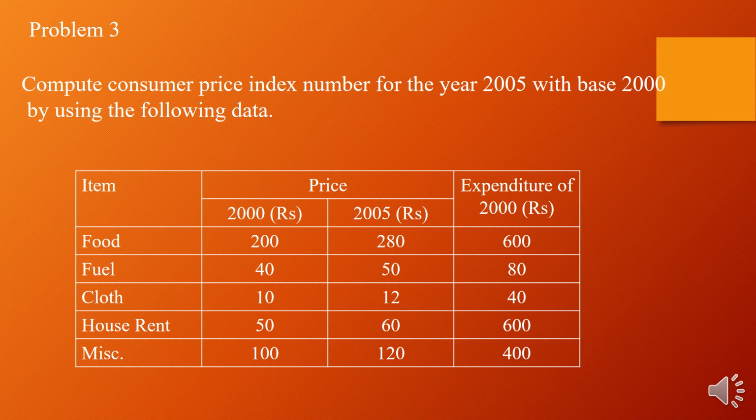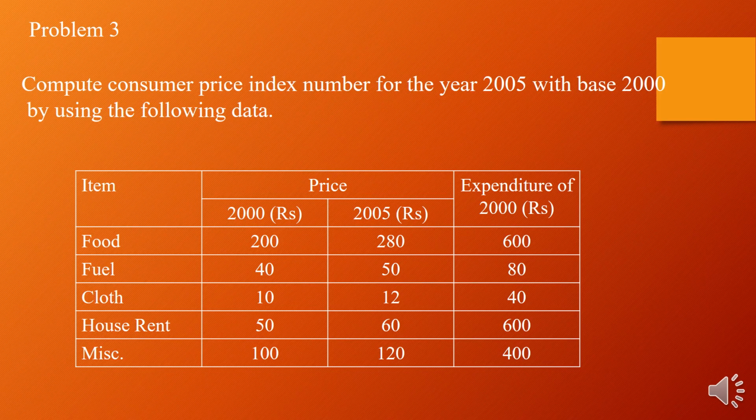Next one is: compute the consumer price index number for the year 2005 with the base year 2000 using the following data. Here prices of the base year and current year are given, and the expenditure of the base year is given. What is missing is the base year's quantity, which we need to find out.